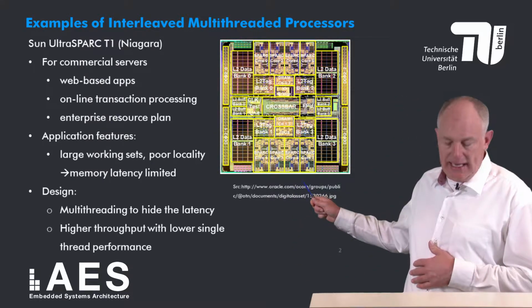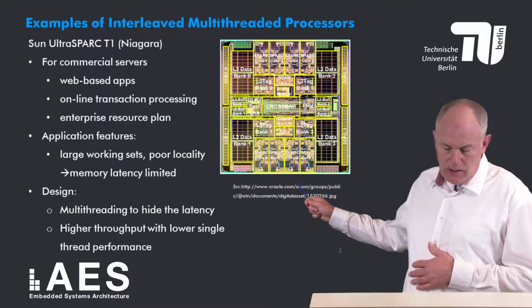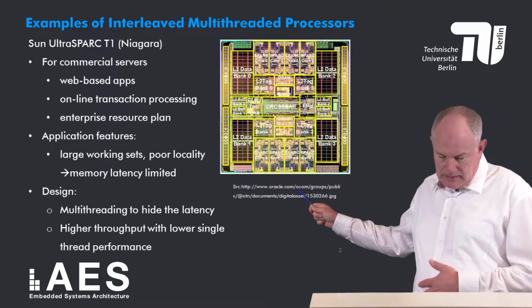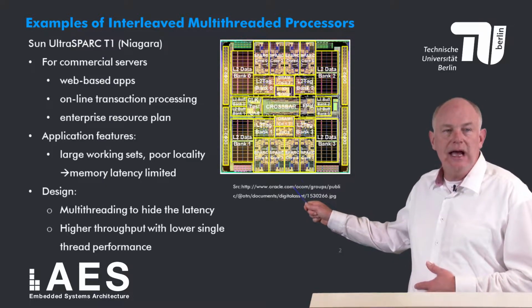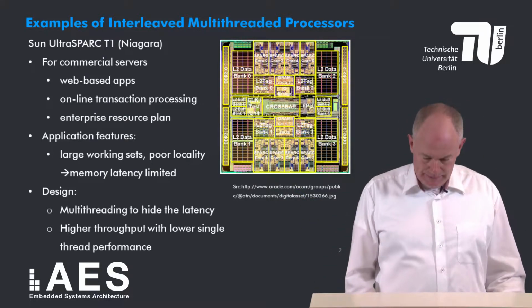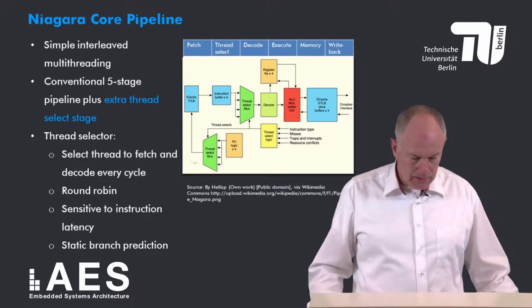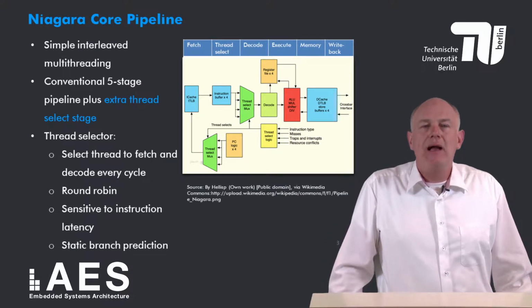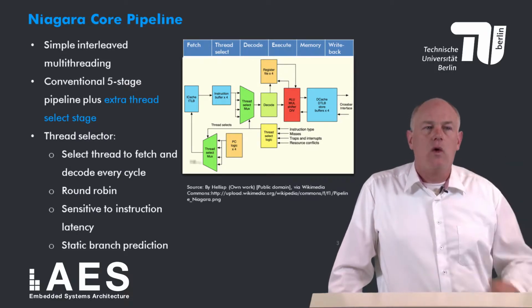This shows a die photo of the Niagara processor. It can be seen that it contains 8 cores, and each of these cores is 4-way multi-threaded. This figure illustrates the pipeline of every single core.